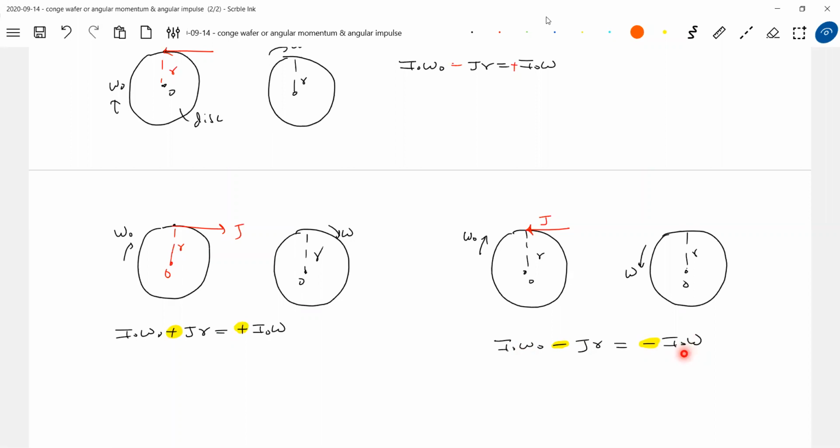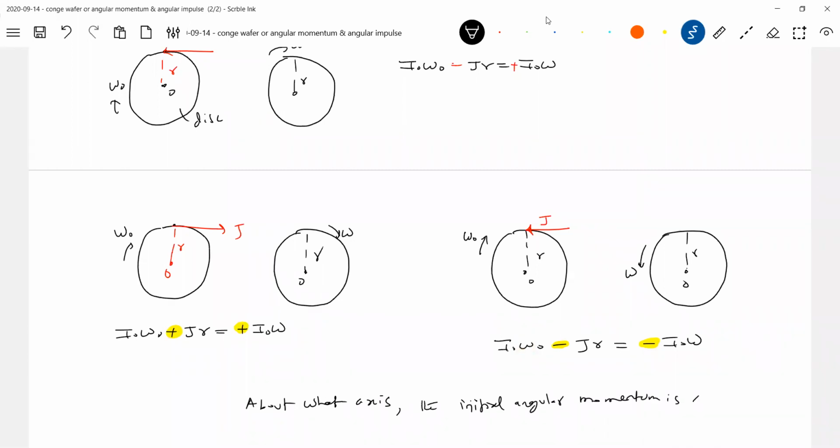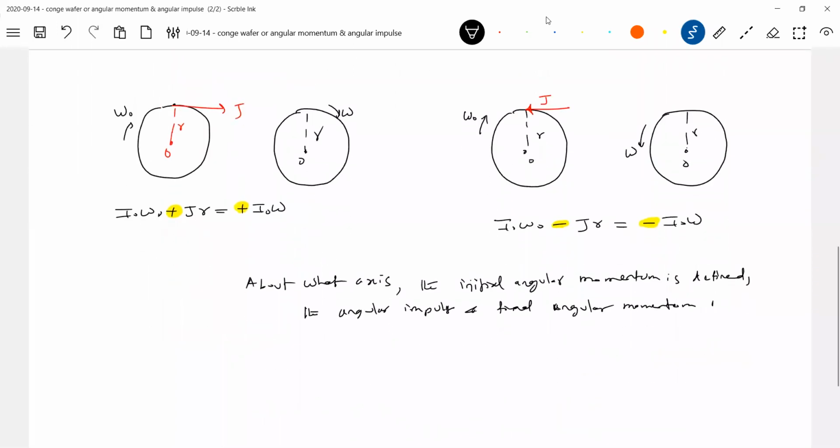I am putting this condition because the axis here is passing through, perpendicular to the plane. Okay, fine.